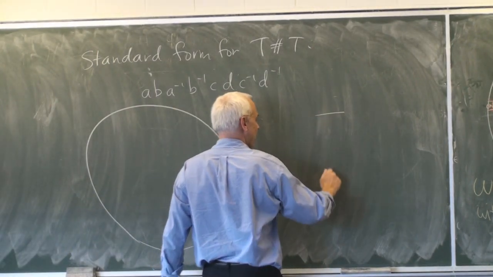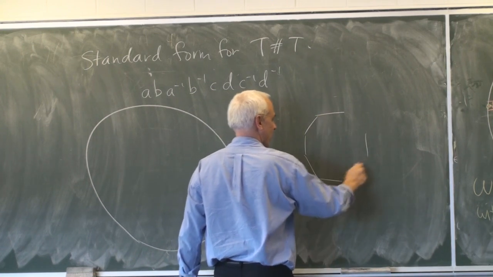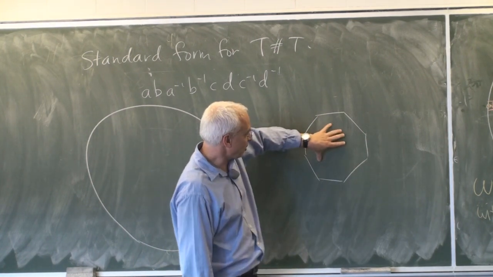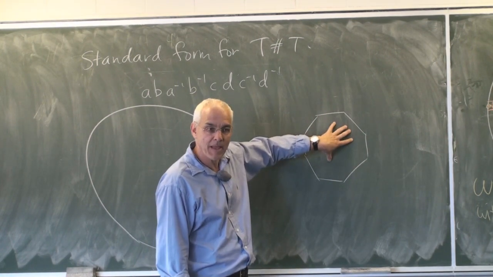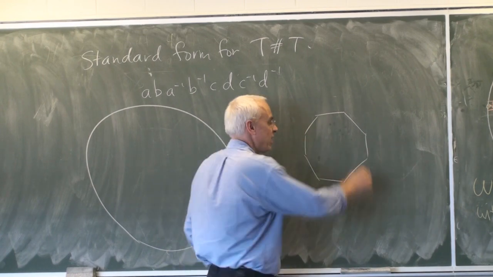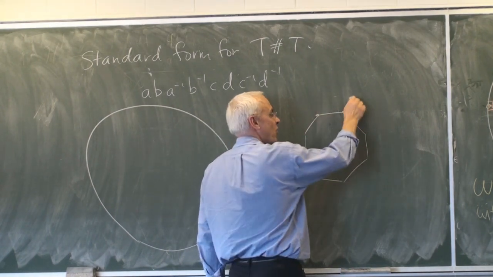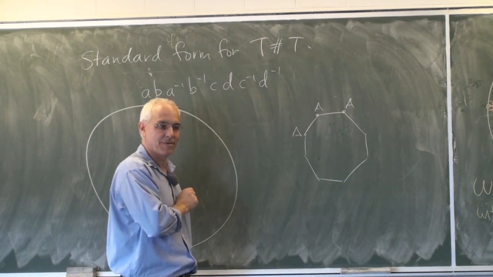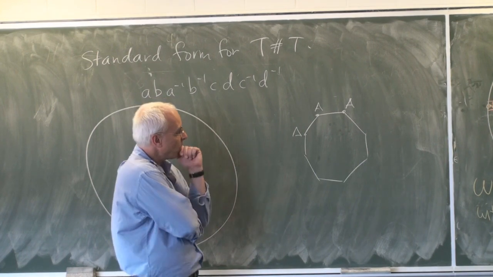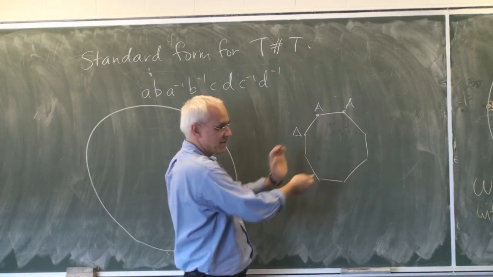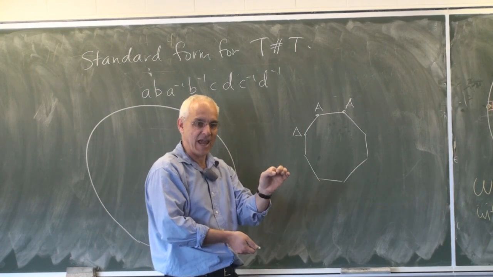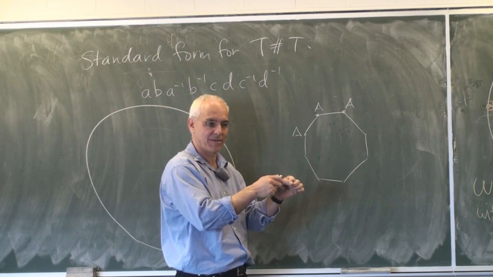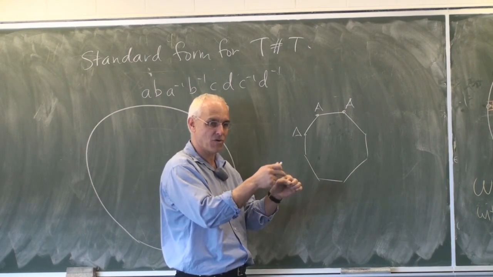Remember that abstractly we have an octagon with sides A, B, A inverse, and so on. And we're going to want to glue that together. But remember that in the course of the proof, this is the first proof, we arranged that all of the vertices were the same. Remember that? So that means that when we eventually glue this together, the vertex A is going to have 8 corners coming in.